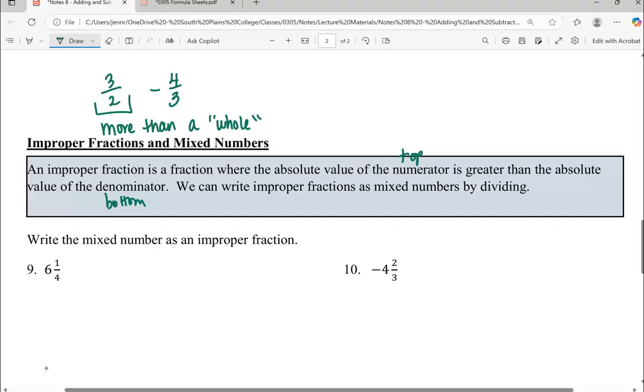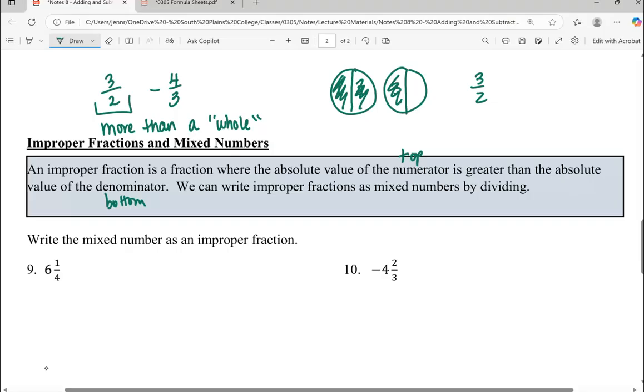3/2. 3/2 physically means I have 1/2, 2/2, and one more half. 3/2 physically means I have 3 halves of like a circle, for example.